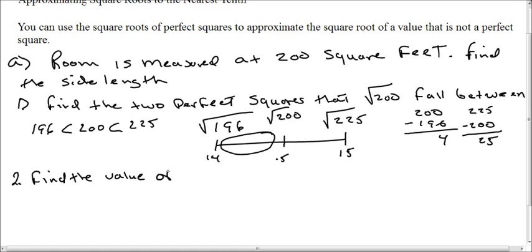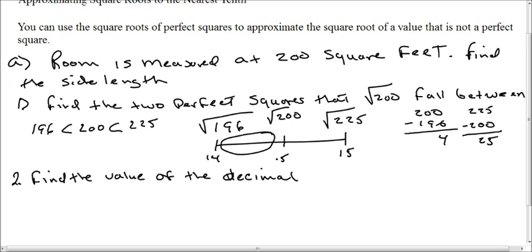And I think this concept here will maybe relieve some of the "why are you choosing these particular numbers." Now, when I look for the value of the decimal, I'm looking for the difference between the given 200 and the lower number.